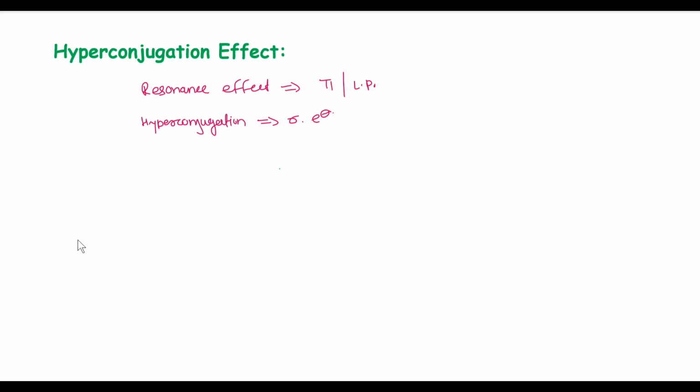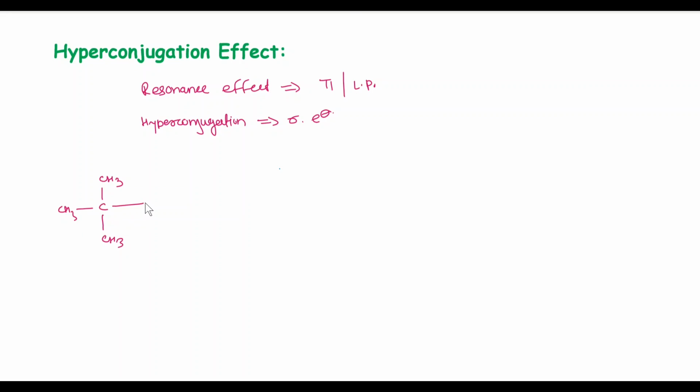Let us see some examples in decreasing order of inductive effect. The first example is the tertiary butyl group, in which the carbon is bonded to 3 methyl groups, that is CH3 and CH3 here.